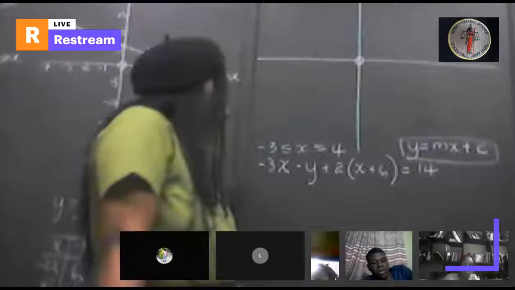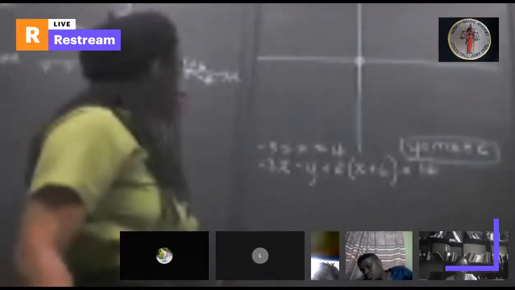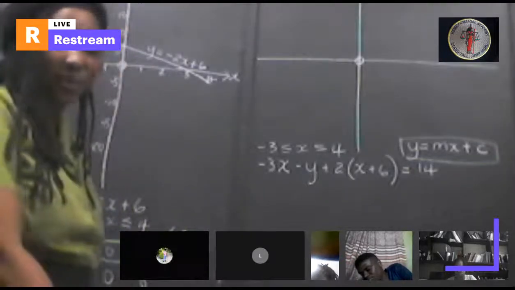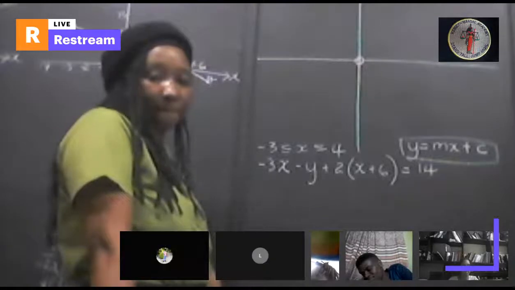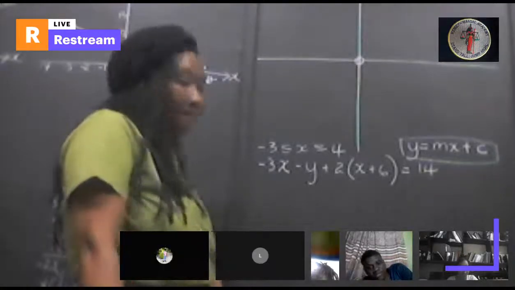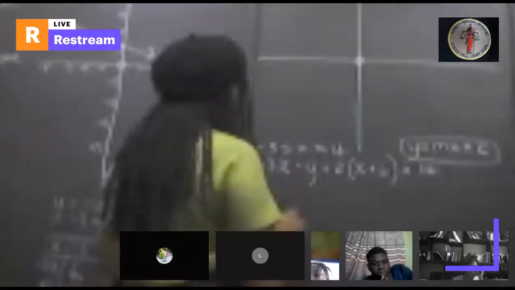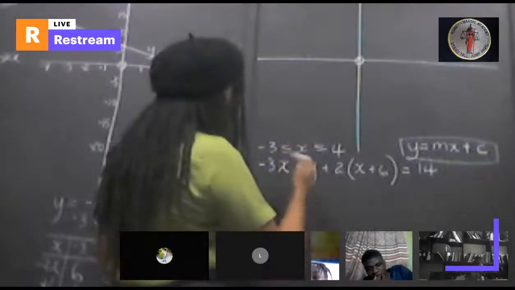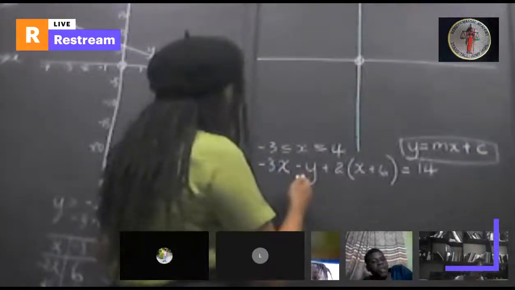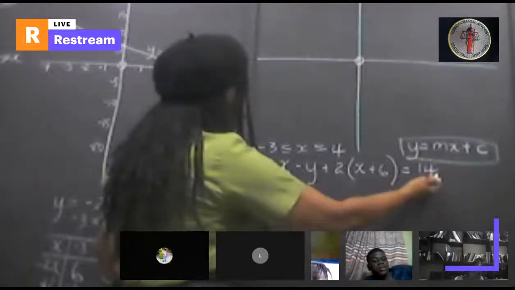Miss, we're trying to get y on one side of the equal sign and the rest on the other. So what's the first thing we do here? We're going to put negative y on the other side, which would make it a positive y, and carry over 14, which would make it a negative 14. All right, so we're going to add y to both sides, and subtract 14 from both sides.